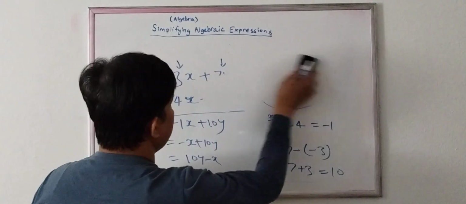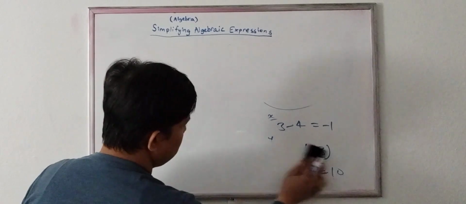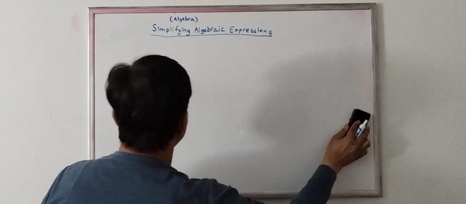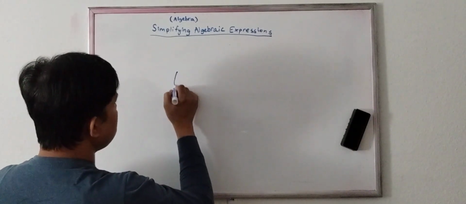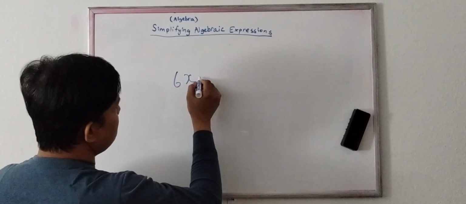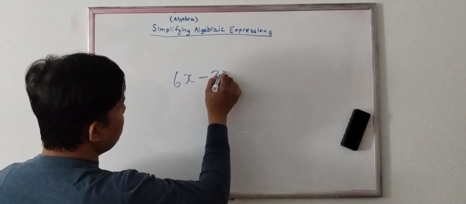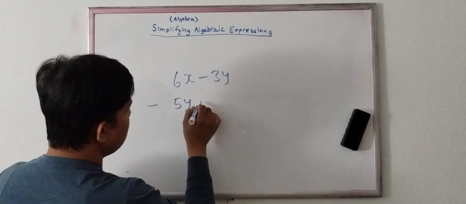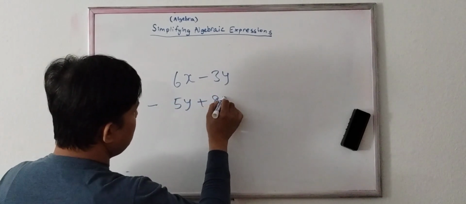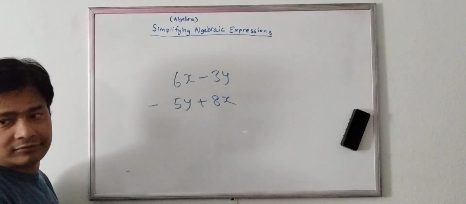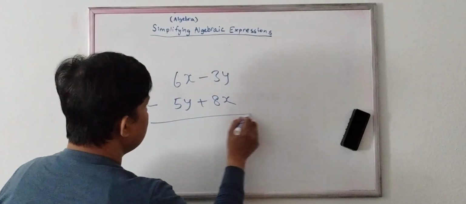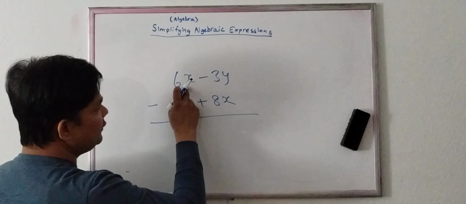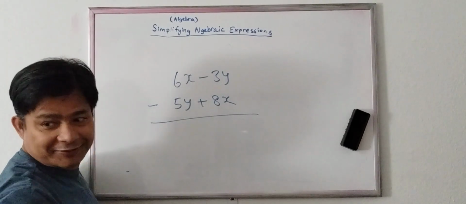Let's take another example: 6x minus 3y minus 5y plus 8x. Now, do we have to subtract these two?